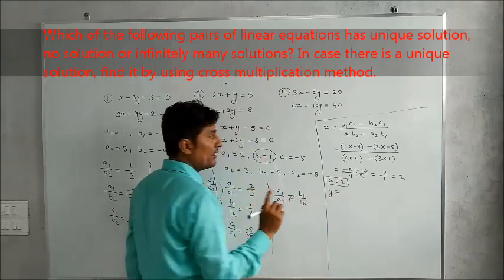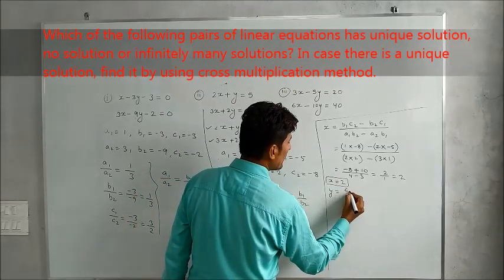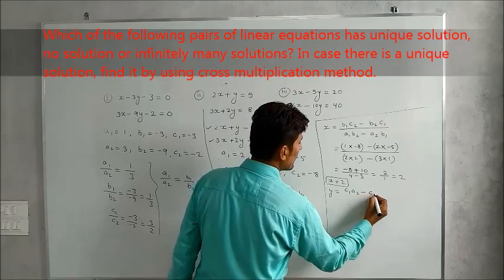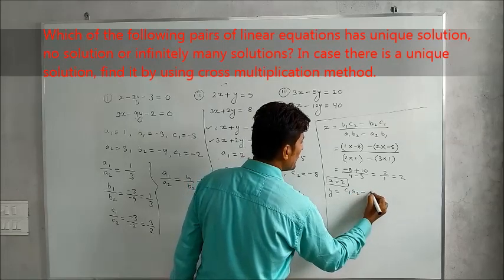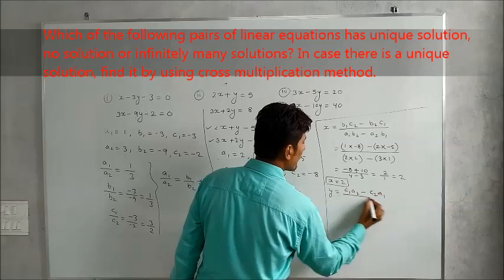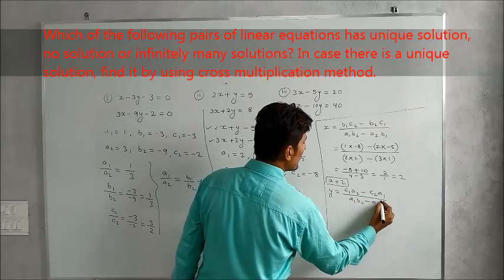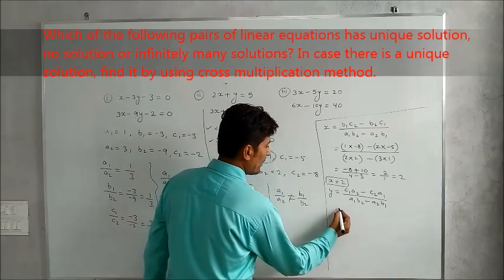For that we can use the formula (c1 a2 minus c2 a1) upon (a1 b2 minus a2 b1).